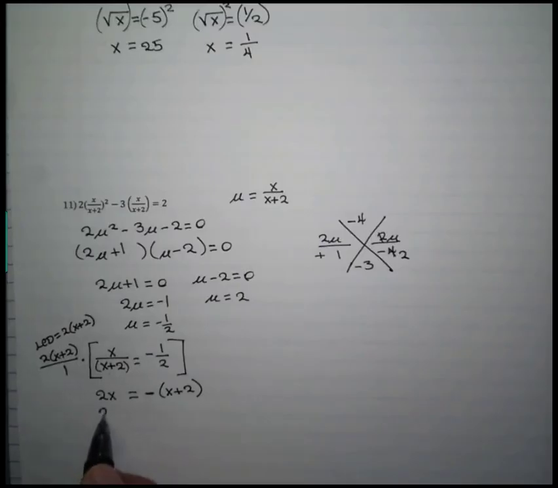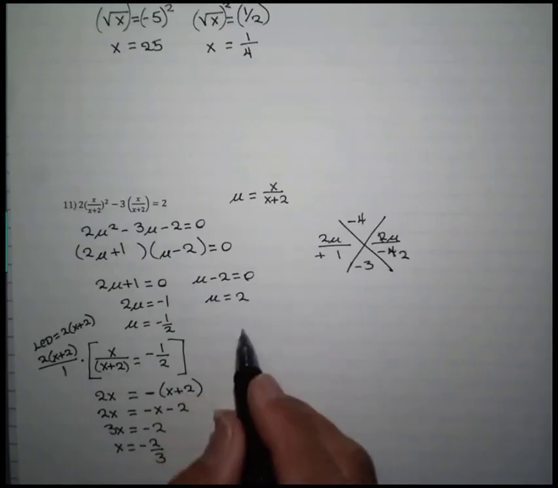So we'll say 2x is equal to -x minus 2. I need the x's together. Let's add x to both sides, and I'll end up with 3x equals -2. And when I divide by 3, I have x is equal to -2/3. That wasn't too bad after all.